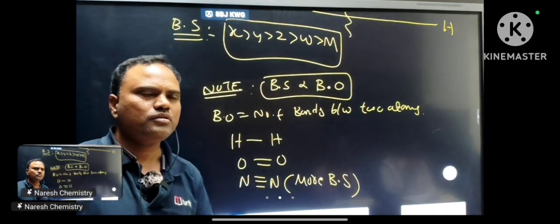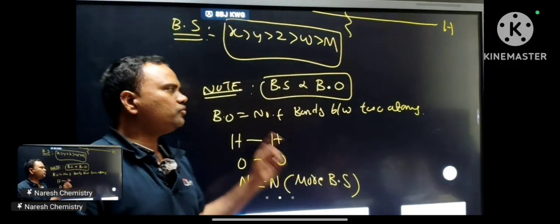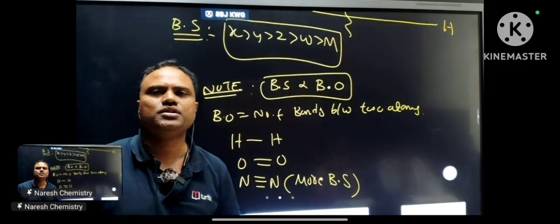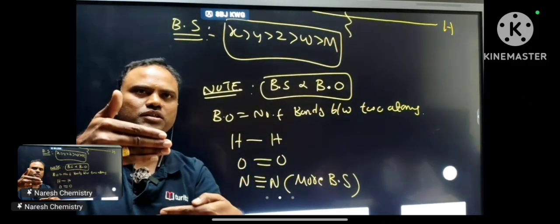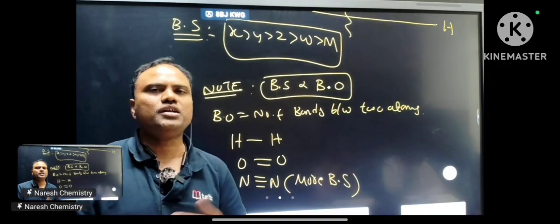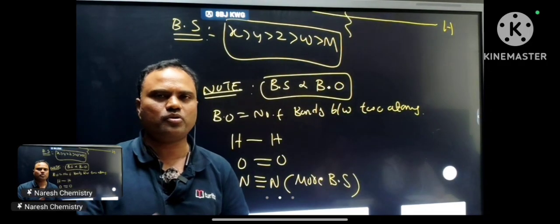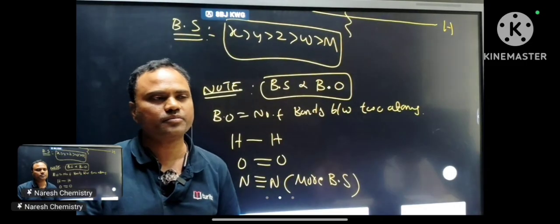Not related to organic, this is the general resonance topic. Under bond length, we covered bond strength as a subtopic. Again, we are covering another subtopic, resonance. What is the relation between resonance and bond length?